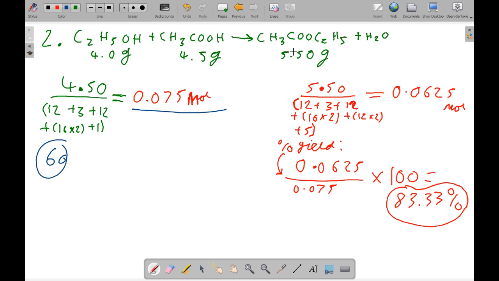And then the actual amount of ethyl ethanoate, we get 88 for the molecular mass, and we get 0.0625 moles. And then again we use the equation actual amount in moles of product over the theoretical amount. We times that by 100 and we get 83.33%.